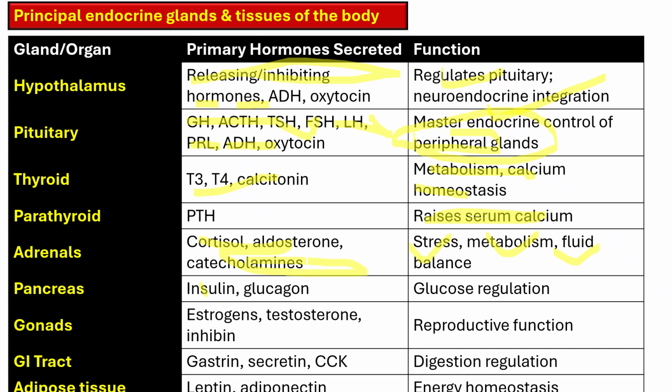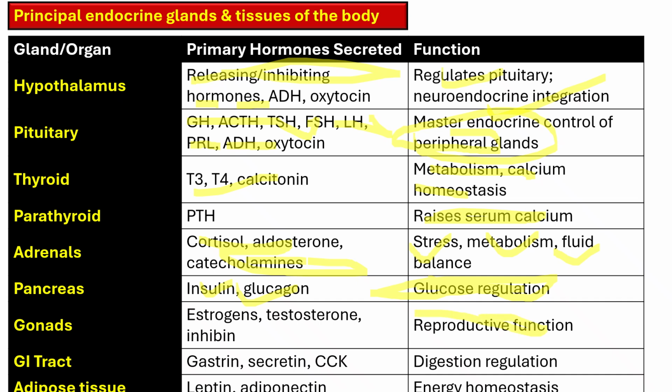Pancreas secretes insulin, glucagon, and somatostatin also. The major pancreatic hormones are responsible for glucose regulation. Gonads secrete estrogen, testosterone, and inhibin, and they are responsible for reproductive function.